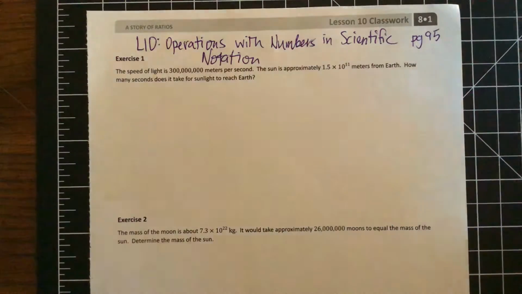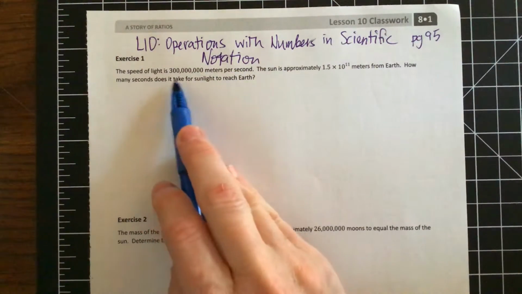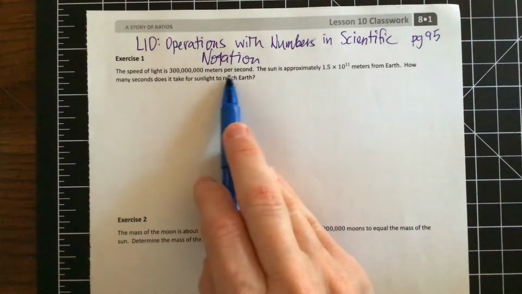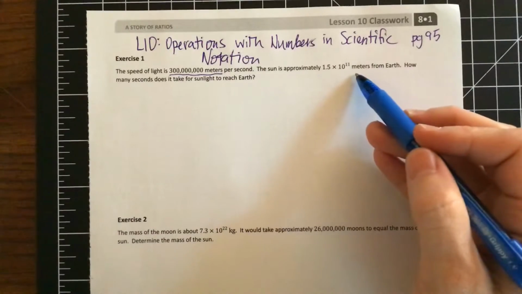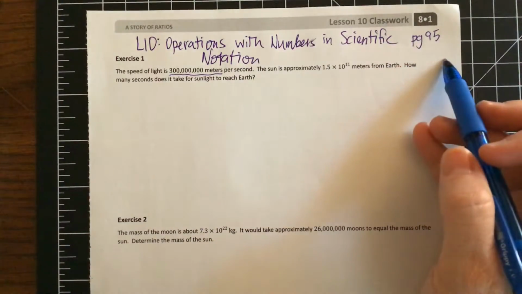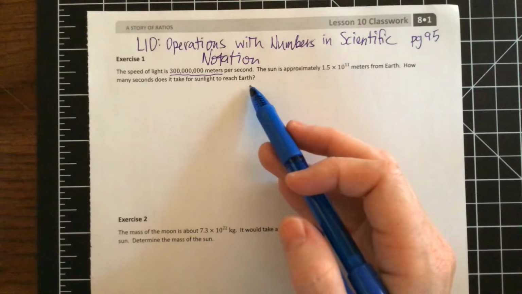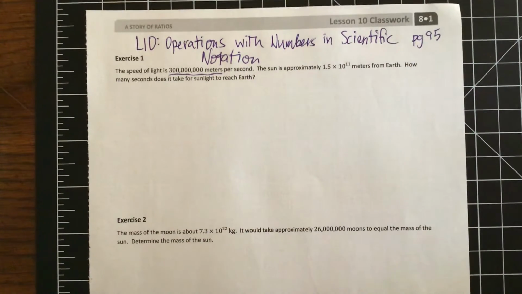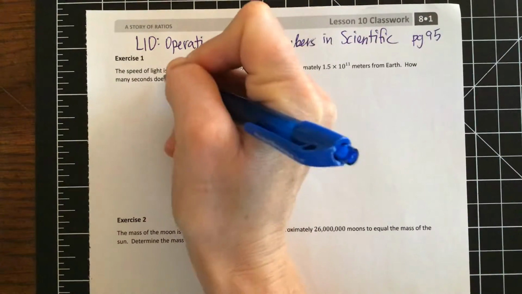So exercise 1, we are given a problem that says the speed of light is 300 million meters per second. The sun is approximately 1.5 times 10 to the 11th meters from Earth. How many seconds does it take for sunlight to reach Earth? Okay, so in order to do this, let's say speed of light.